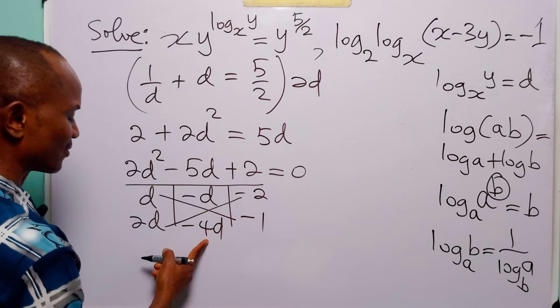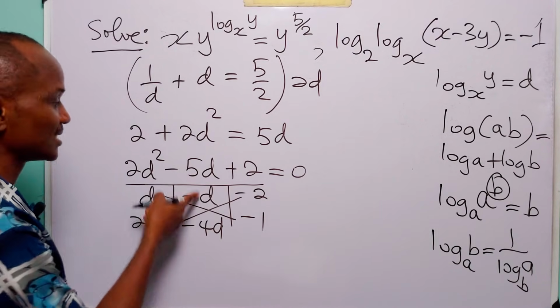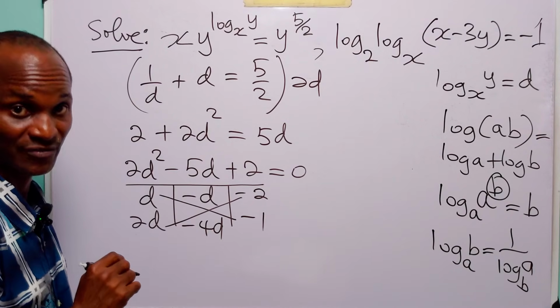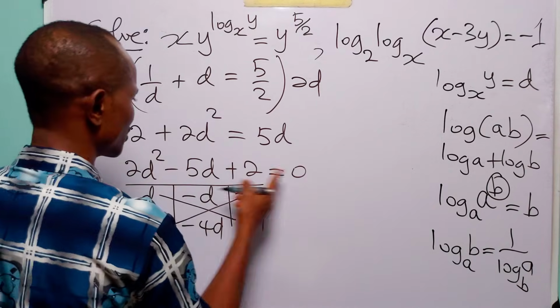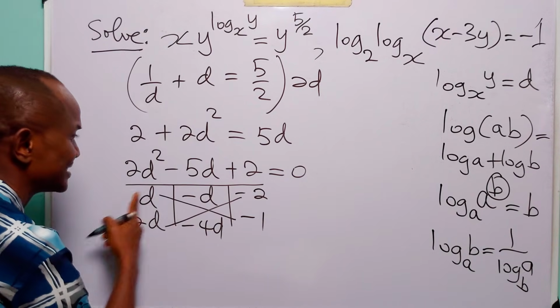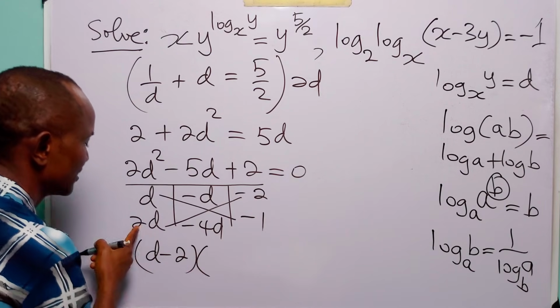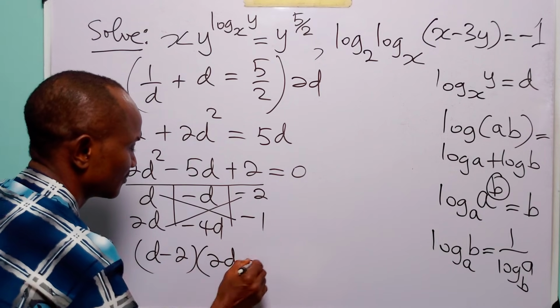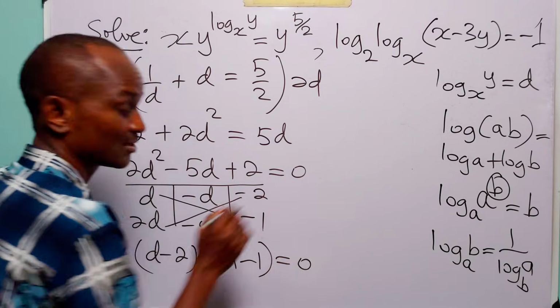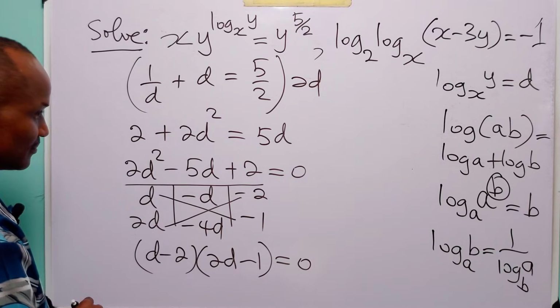And of course, minus 4d minus d is equal to minus 5d. So we have that the factors of this quadratic equation are d minus 2 and 2d minus 1. And of course, this is still equal to 0.